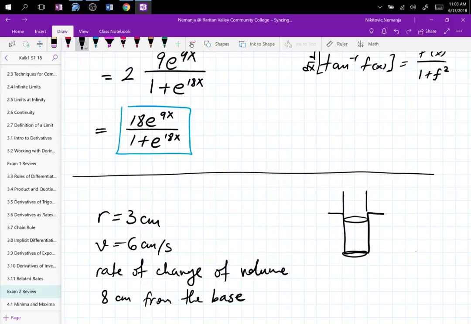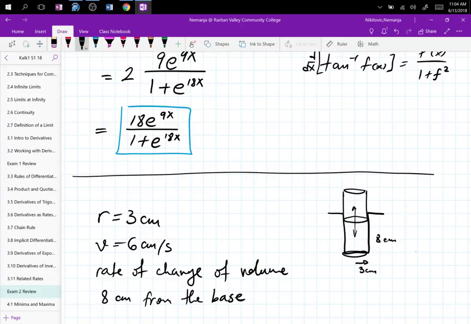This is how the engine works in the car. This cylindrical piston will be going up and down. The radius is 3 centimeters, and we know that this height over here is 8 centimeters.